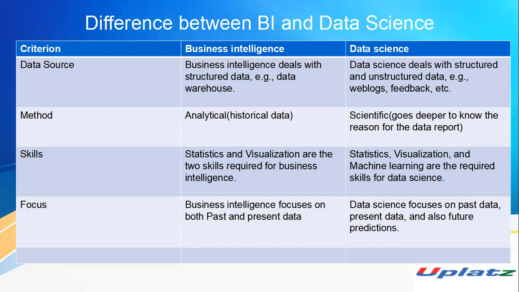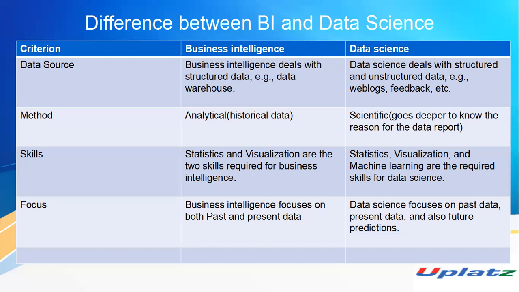Then what's the method of business intelligence? It's mainly analytical in business intelligence, but in data science, it can also be scientific. So you need to go deeper to know the reason for a data report. Then what skills are required in business intelligence? Statistics and visualization are the two skills for business intelligence.